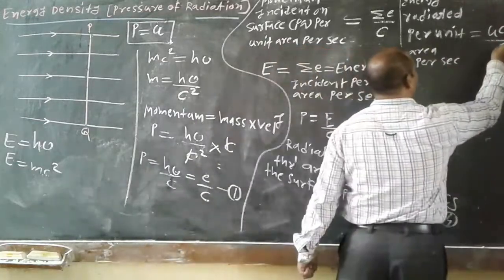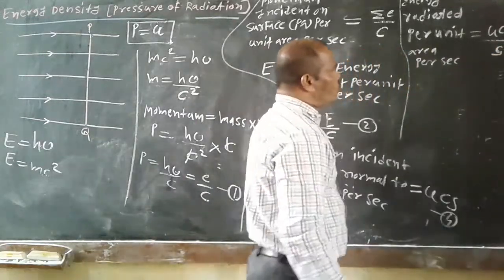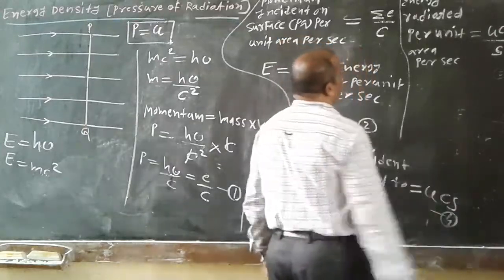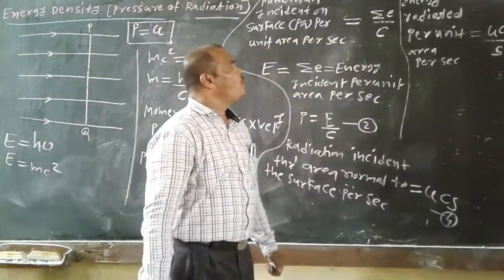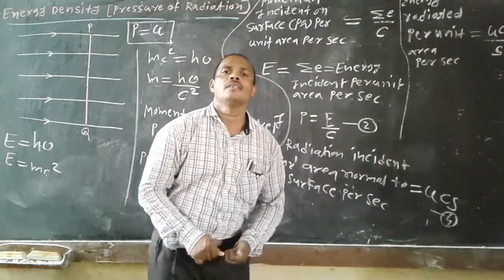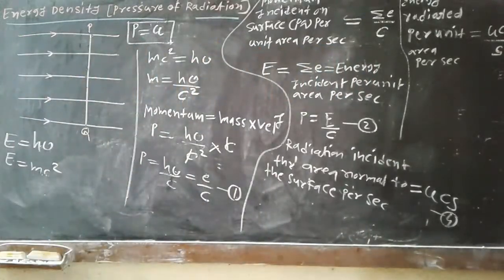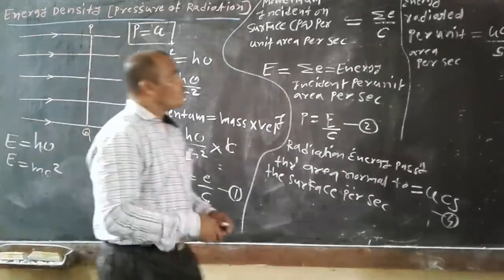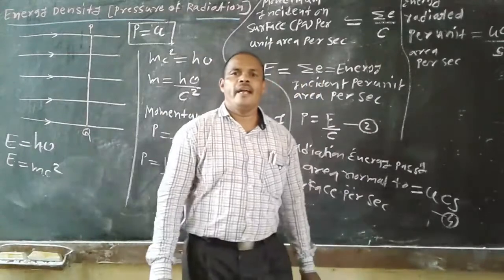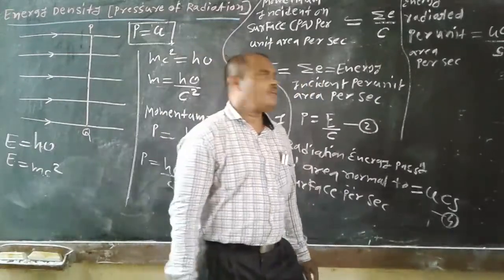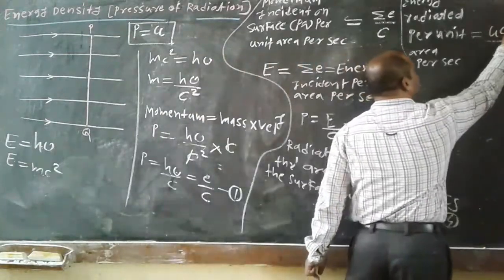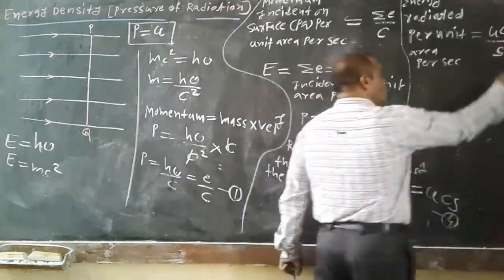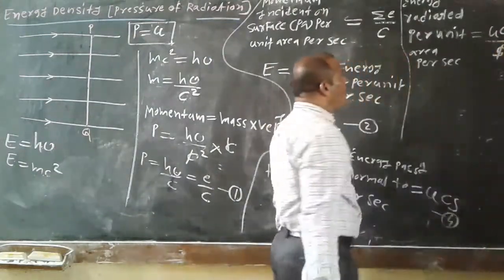UCS divided by S. So we get energy radiated per unit area per second. Energy radiated per unit area per second is given by UCS upon S. So S gets cancelled.